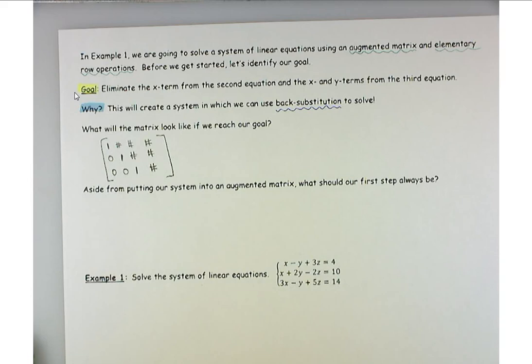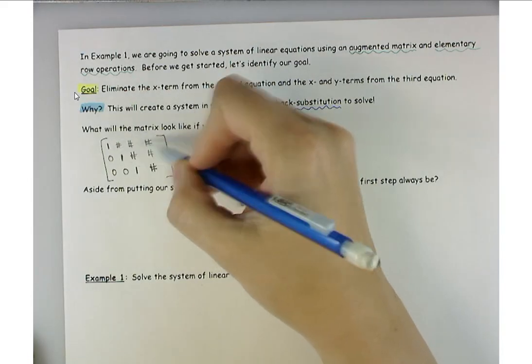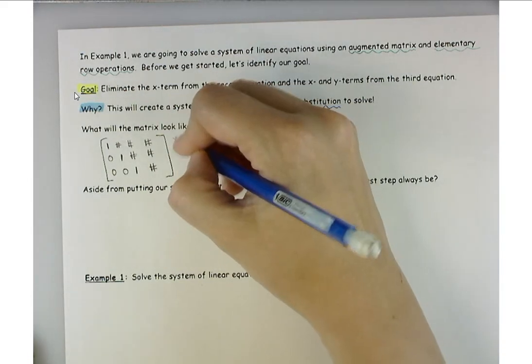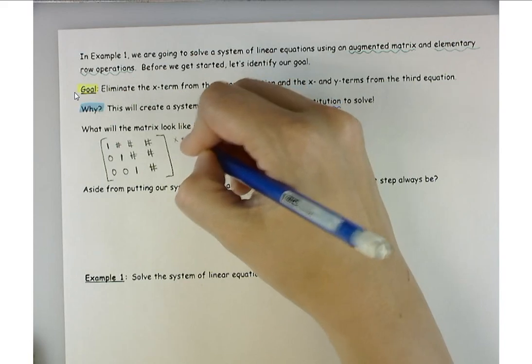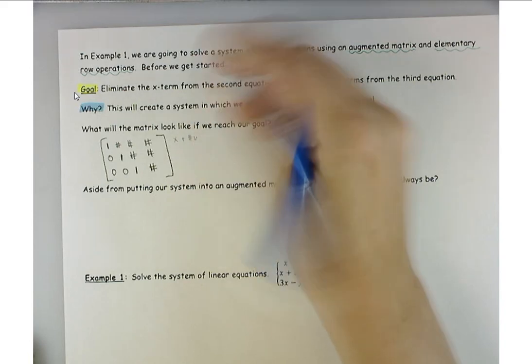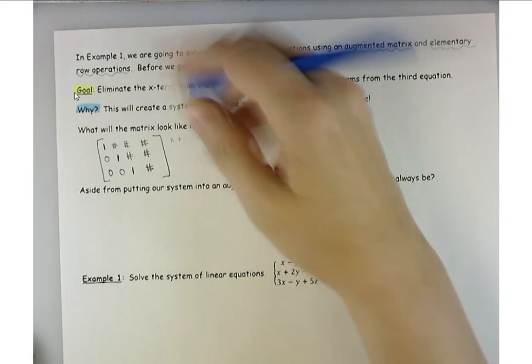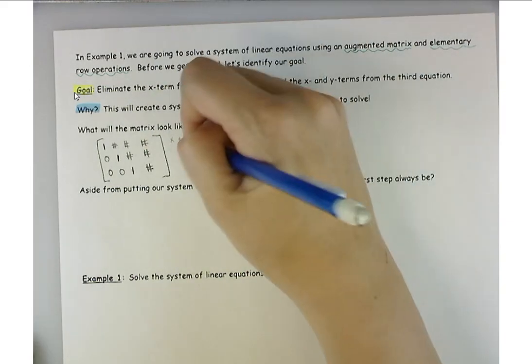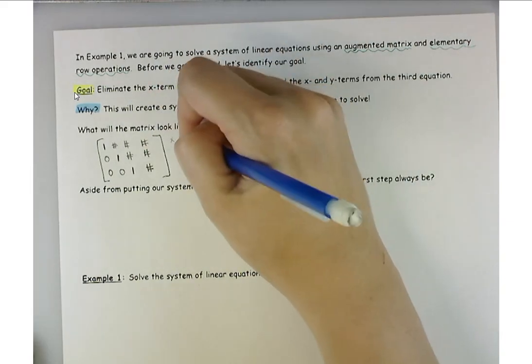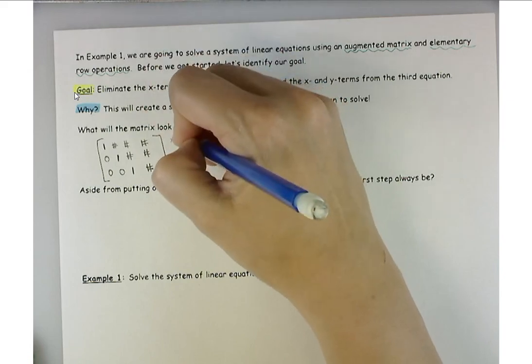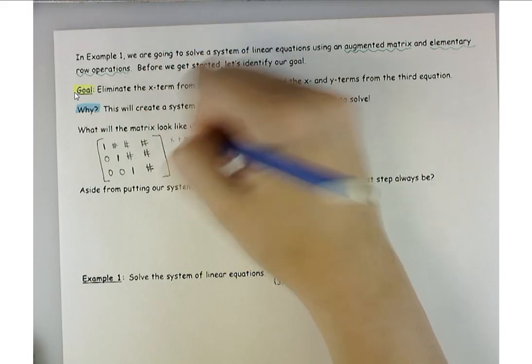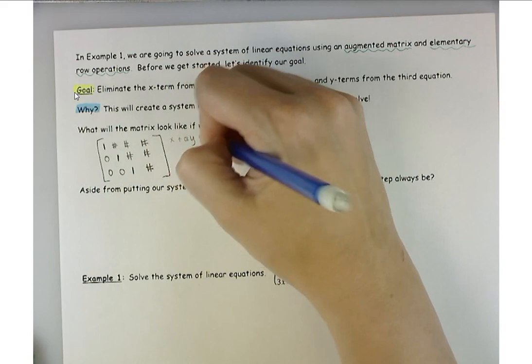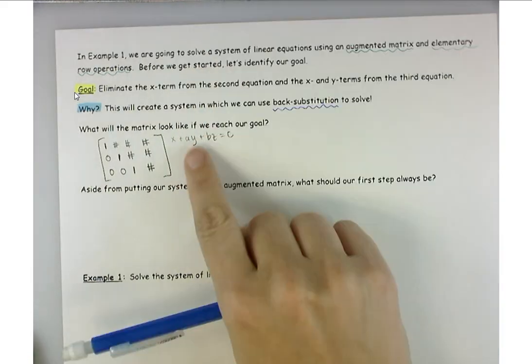So what this means is in the top row, you'd have x plus some coefficient of y, we'll just use a different one, so ay plus bz equals c, where those are any numbers.